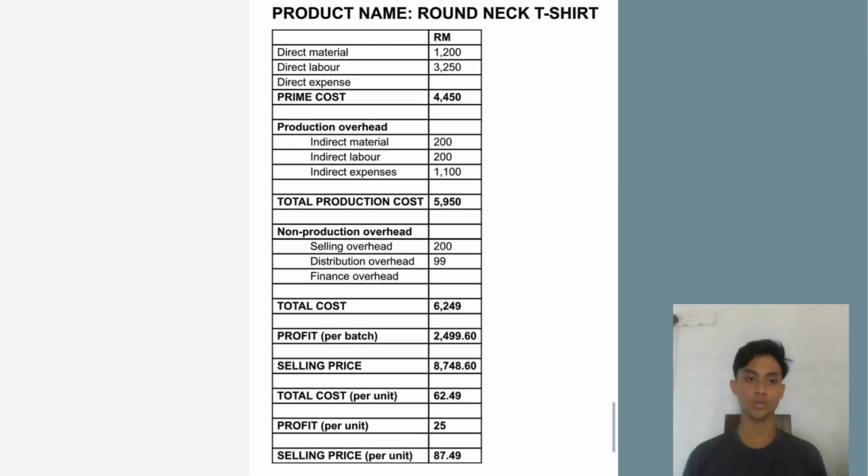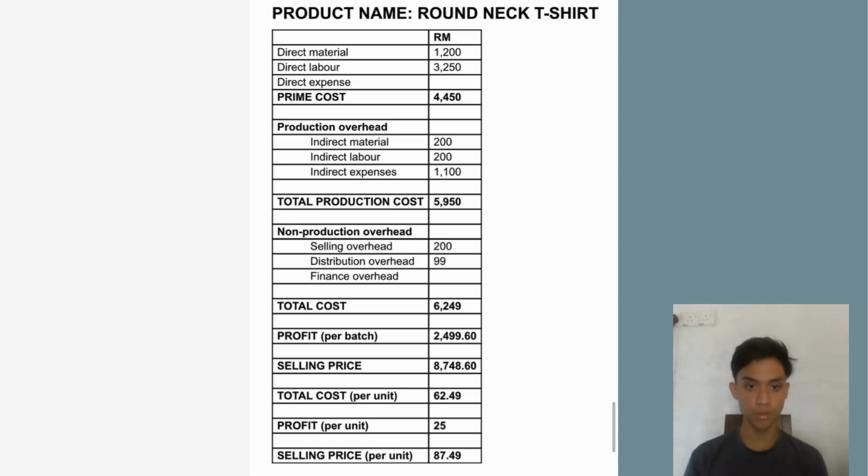So this is our job cost card for round neck t-shirt. Our direct material total is 1,200. Direct labor is 3,250. The total of prime cost is 4,450. Production overhead we have indirect material, the total is 200, indirect labor 200, and indirect expense is 1,100. So the total production cost is 5,950.